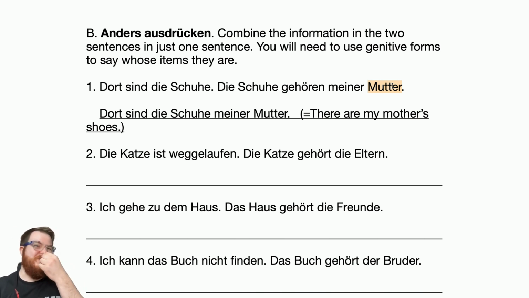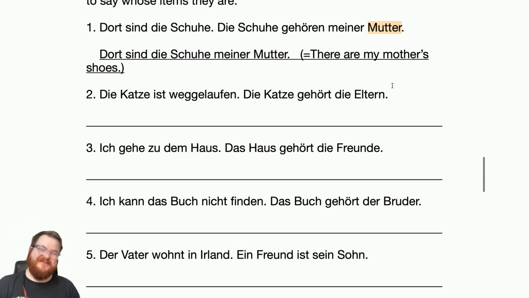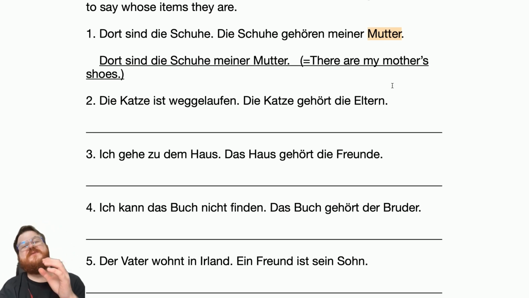I'm making this sound way more complicated than it needs to be. Okay, let me read the other sentences for you. And I'm not only going to translate them, I'm going to tell you what the sentence should be once it's complete in English.